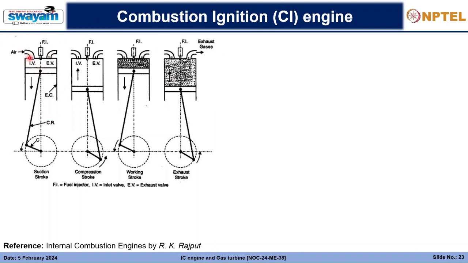In a CI engine, the only difference is that a fuel injector is present in place of the spark plug, and fuel is directly injected inside the cylinder, whereas in the spark ignition engine, the air fuel mixture is supplied inside the cylinder. So that's the main difference, and that's why the process of ignition is different.